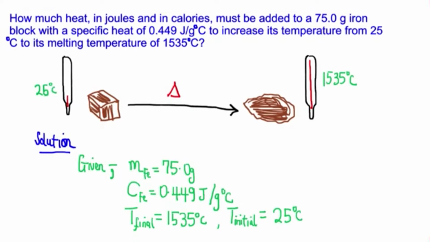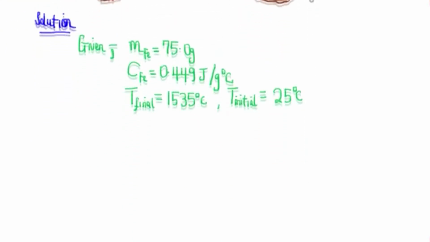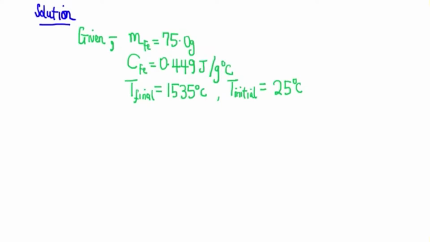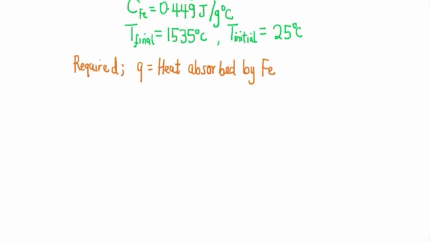Now that you've written those, we need to come up with the analysis, which is pretty much the energy absorbed or released. In this case, for the purpose of this video, it is the energy absorbed, which is Q, which is equal to the mass multiplied by the specific heat capacity of the same material, and the temperature change.